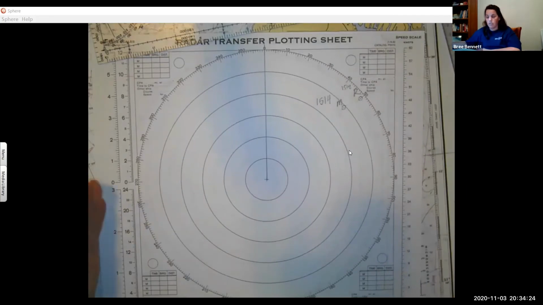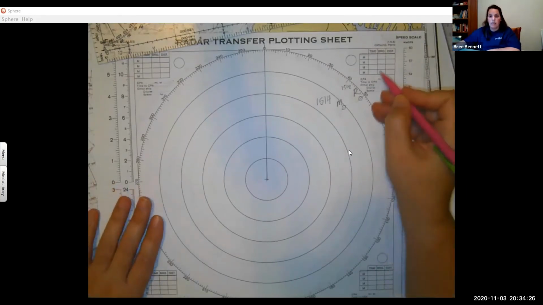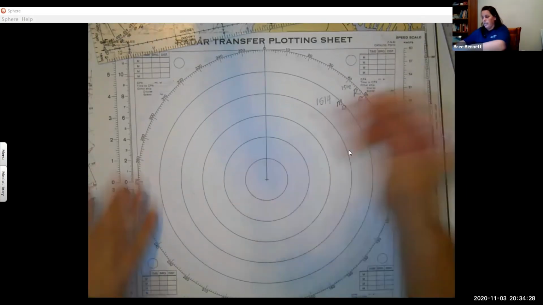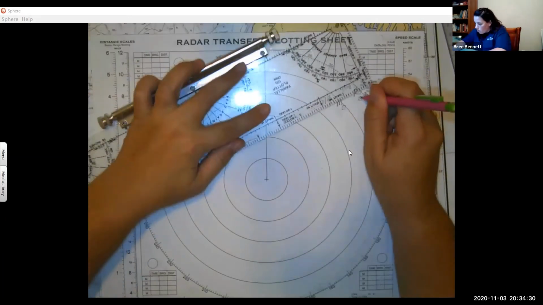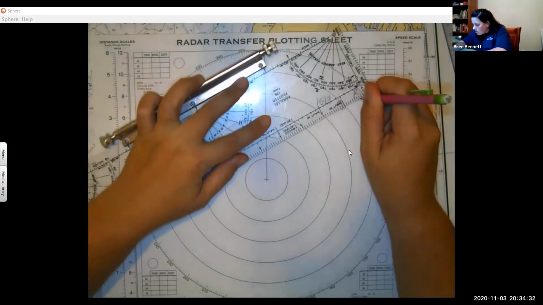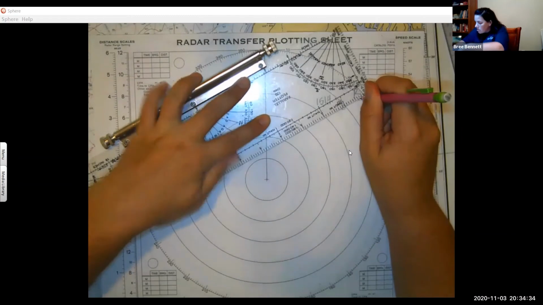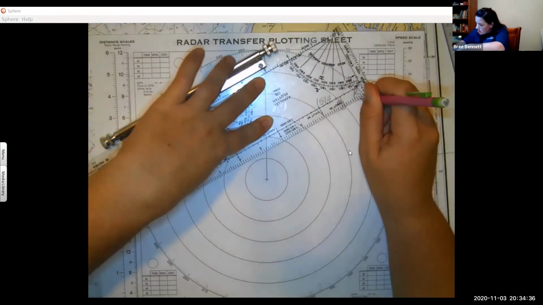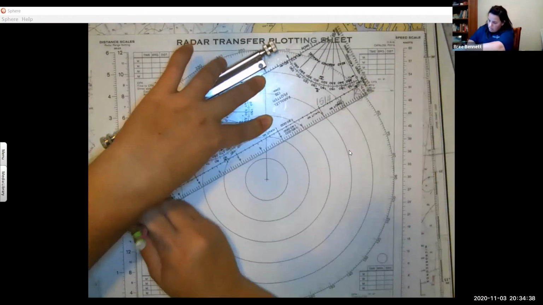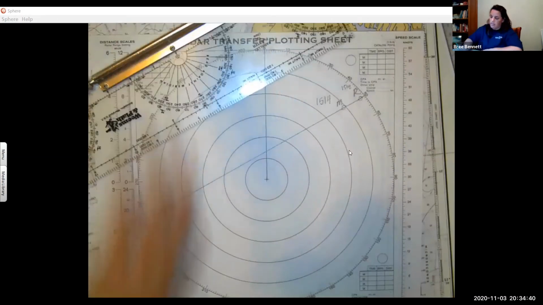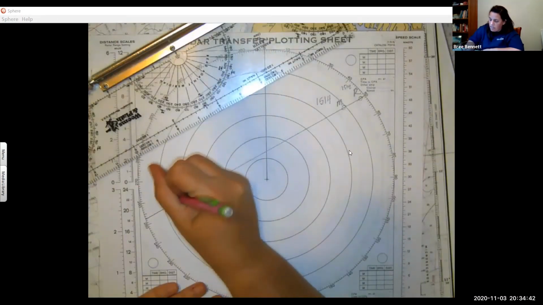So just like the other questions, we're going to connect R and M, and we get our relative motion. So this is our relative motion line.